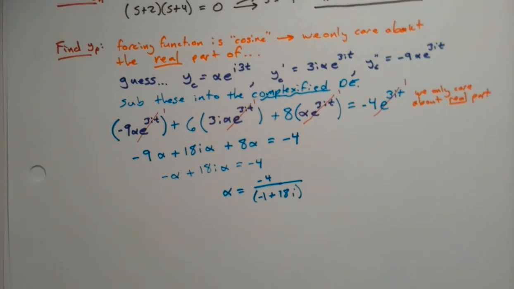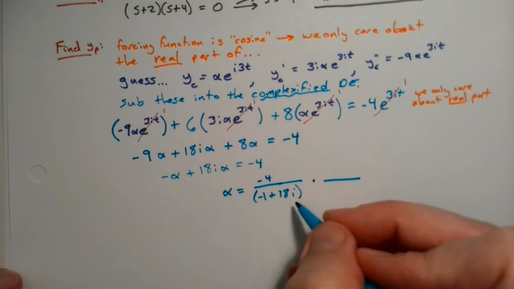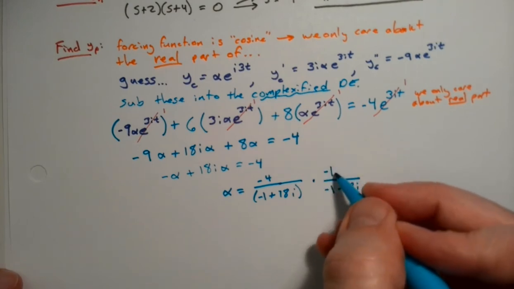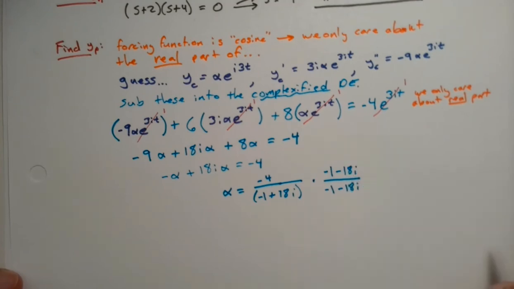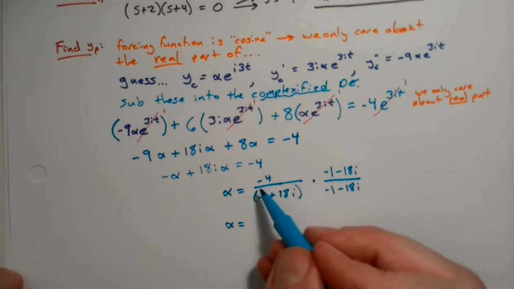And of course, that's all well and good, but it doesn't really make sense as a number because complex numbers can't be written like a quotient. So we have to use our rationalization technique, multiply this thing top and bottom by the conjugate. So it's going to be negative 1 minus 18I. And when I do that, the top gets a little bit more complicated.